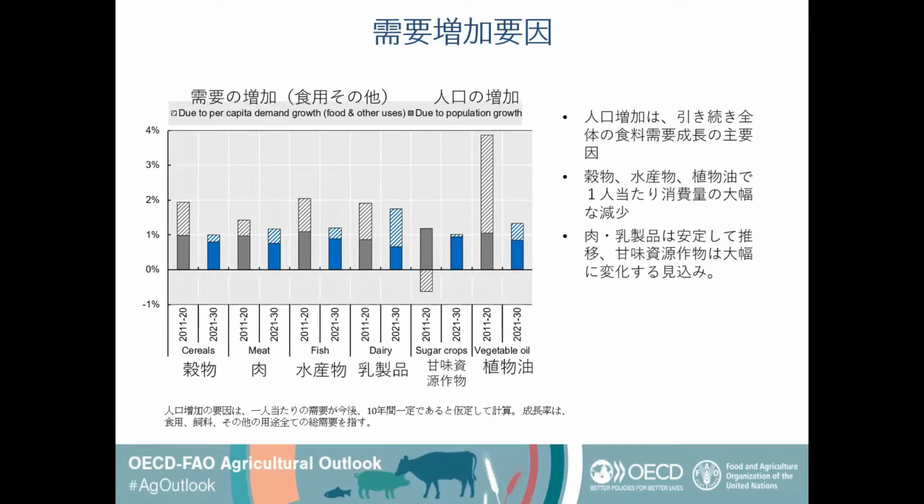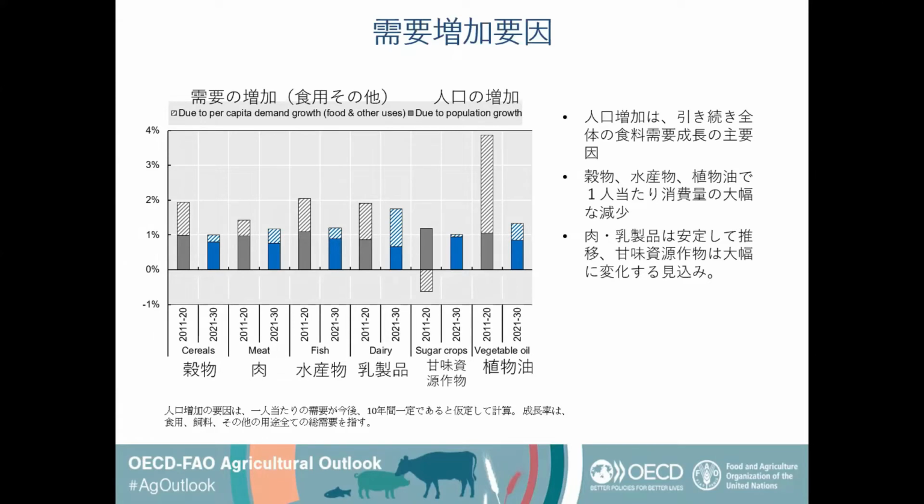You see here a disaggregation of the demand per capita and demand due to population growth. You see the demand per capita is declining for most commodities for various reasons. For cereals, it's really saturation effects that we have reached.